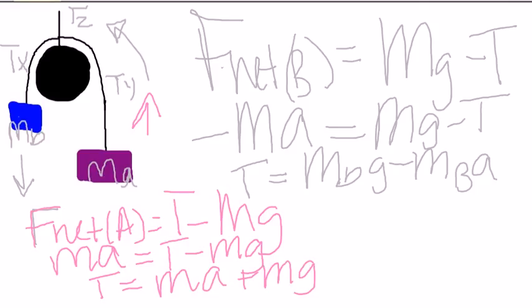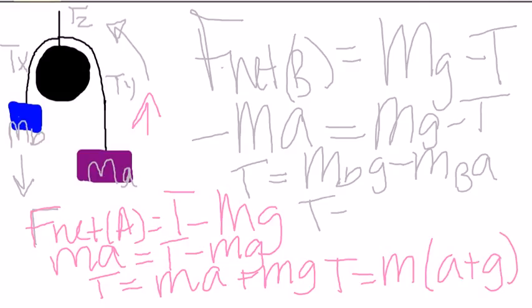And when we solve for mass, both equations, when we undistribute it, get m times a plus g, and then over here that equation already is done because there's no other number.